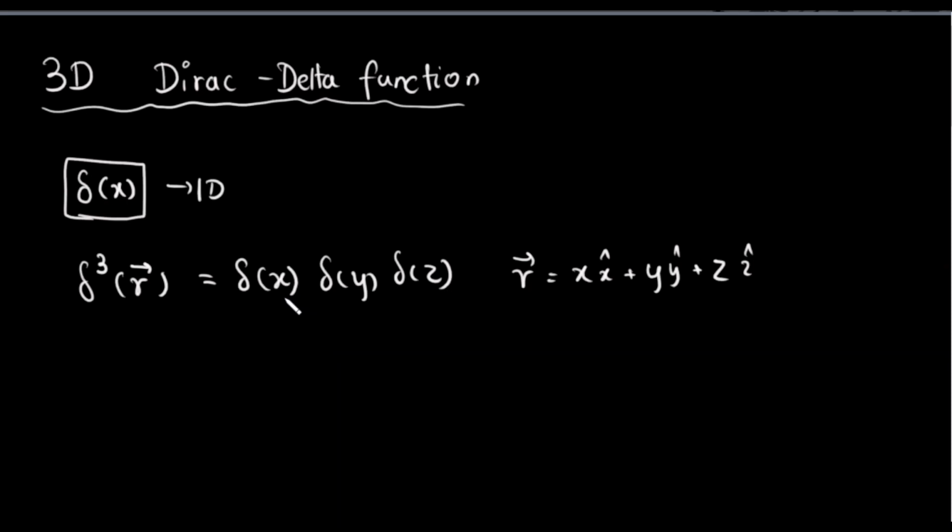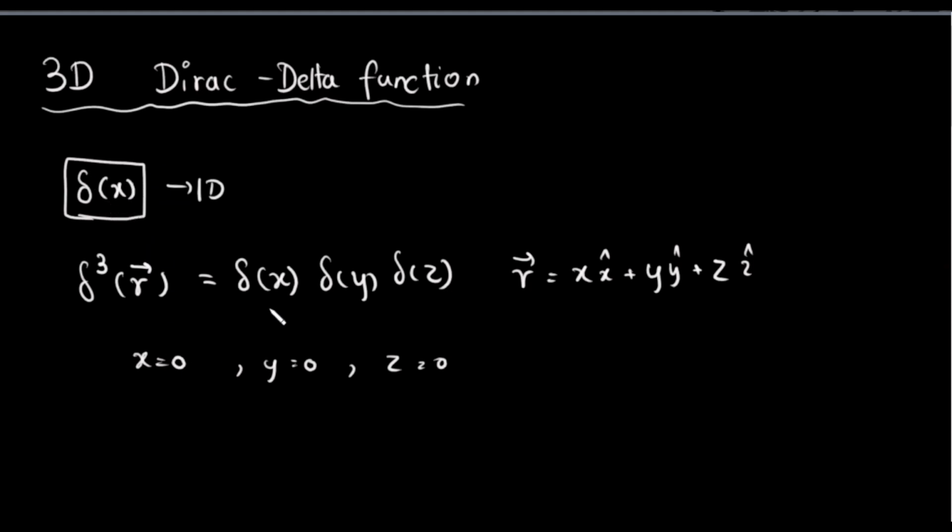Okay, now let's say x, y, z are the variables. When x equals 0, y equals 0, and z equals 0. Previously we saw that when x equals 0, the delta function has a value.